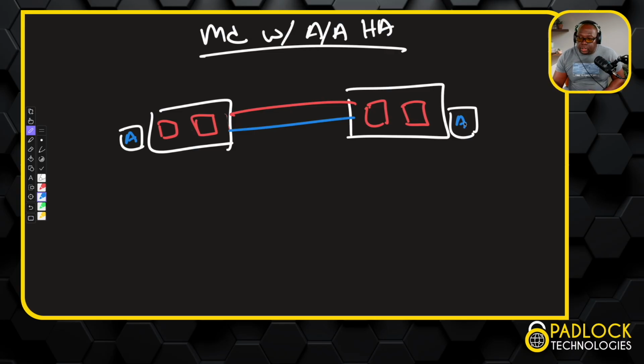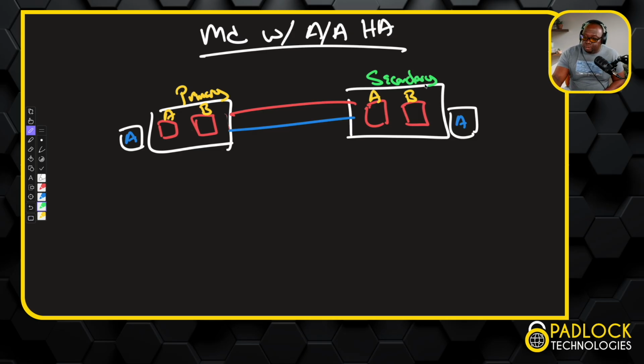We'll include the system context in there as well, and then you'll have A, B, A, B. Now, from an HA standpoint, you're going to have a primary for the admin context and a secondary for the admin context.